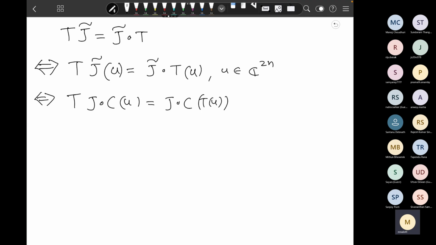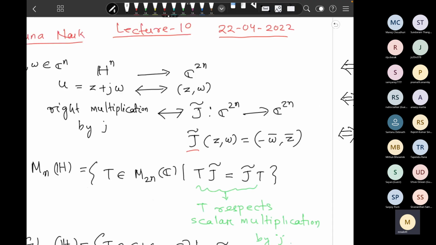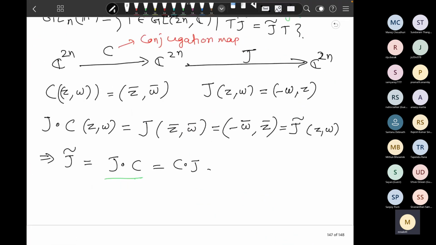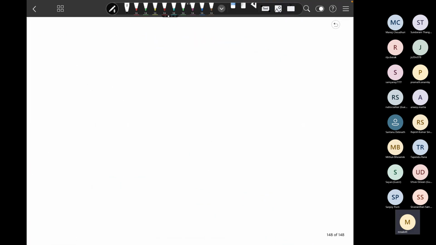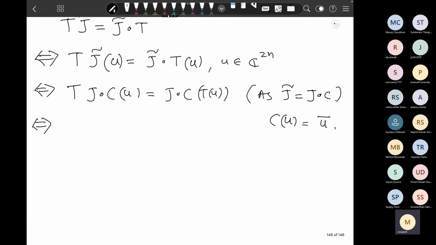Now this is as J tilde is J composition C. Now what is C of u? C of u is nothing but u bar, because previously I was writing this in row form, but you understand I always do it in column form.